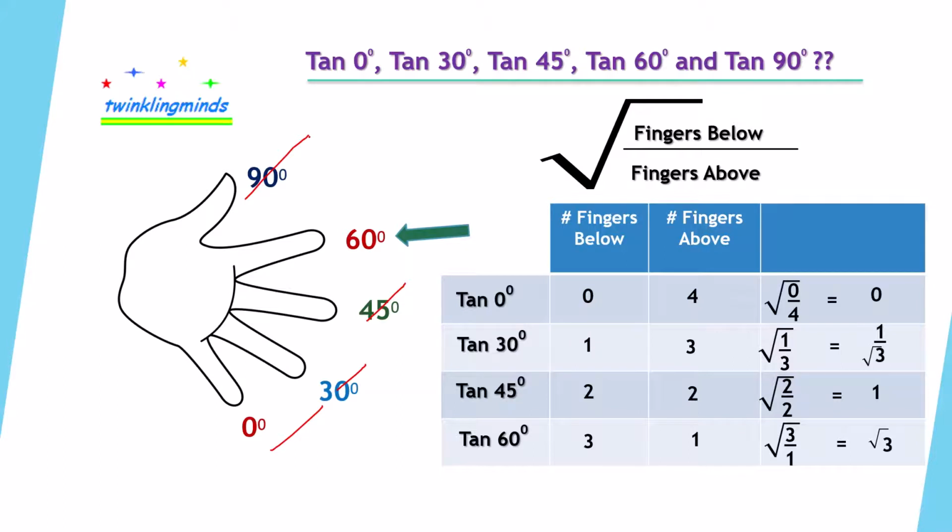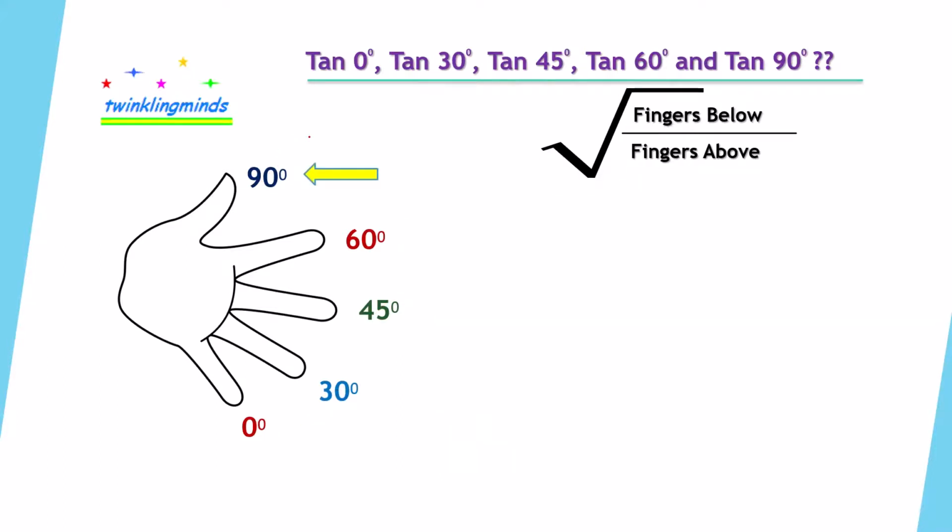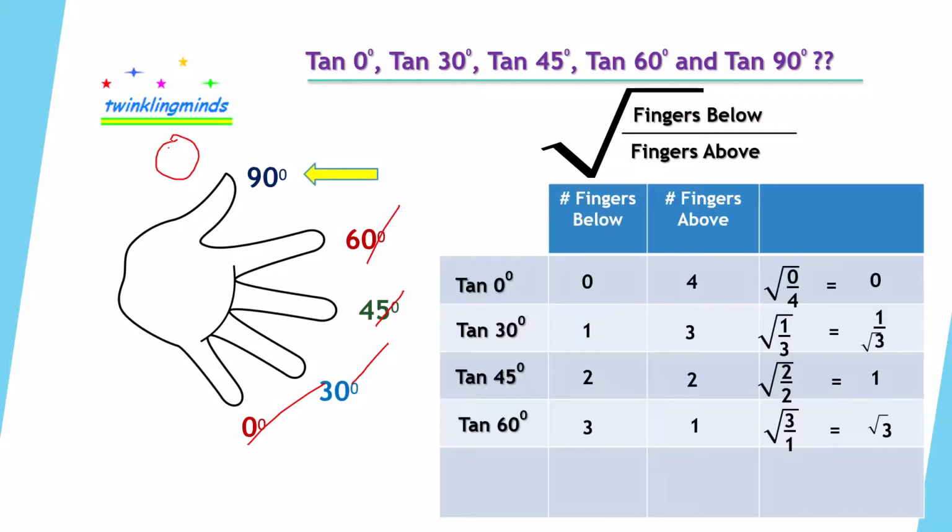And the final angle, 90 degrees. How many fingers below and how many fingers above? We have 1, 2, 3, 4 below and above 0. So what will be the value of tan 90 degrees? Square root 4 divided by 0.